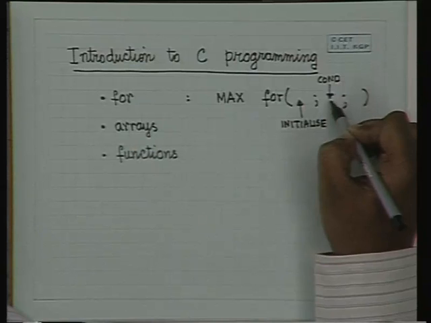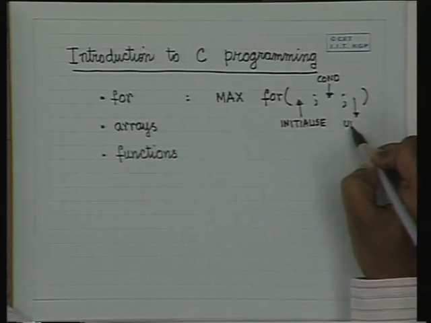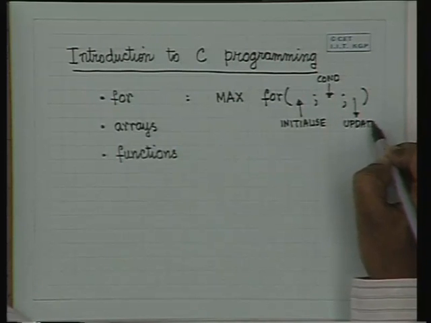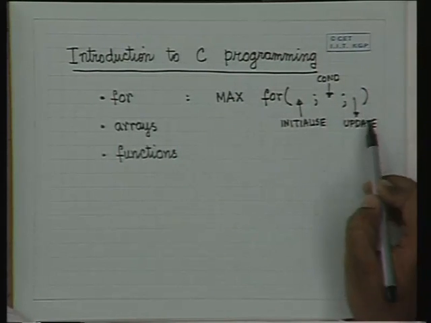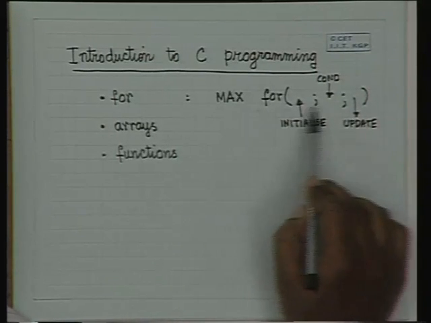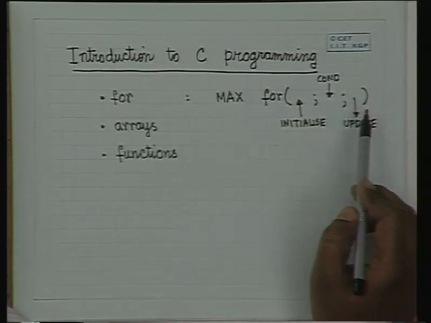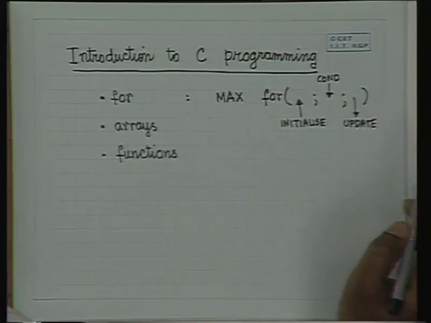If this condition is true, only then it will go into the loop, and this is the loop update, that is what are the actions that will take place at the end of the loop. And you have to explicitly update it, unlike Fortran where you can write do I equal to 1, 10, 2, things like that. Automatic update of the variables does not take place. You have to explicitly update the variables in a for statement.